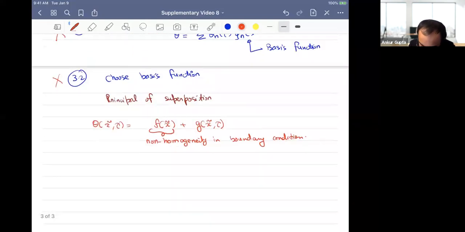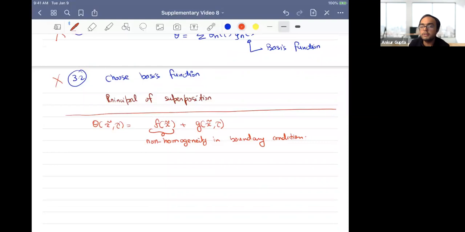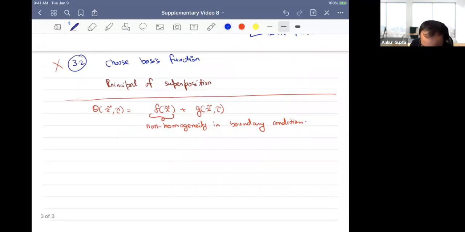We have to first go back and use this substitution back in the original equation. So now let's go back and substitute this in the governing equation. Okay. So governing equation is del theta by del tau is del square theta by del x square, right?